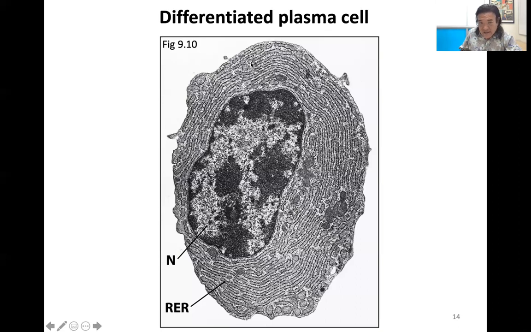And even though you can't see it, right, you can imagine this dense cloud of antibody molecules just emanating from this cell, right? So that would be the end of this B cell's life. But it's a happy end for this B cell's life because this particular one, unlike most of its brothers and sisters that came out of the bone marrow, right, they never got this far. This B cell was able to go the distance and eventually become a plasma cell.